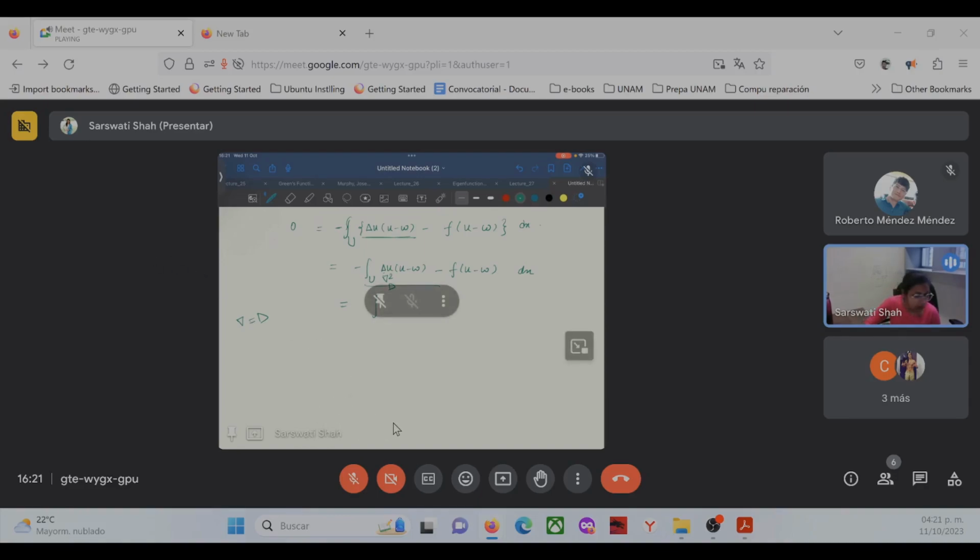So this will be the gradient of U and the gradient of U minus W, isn't it? And minus minus will be plus. Why do you get confused when I ask this? Is it not clear?